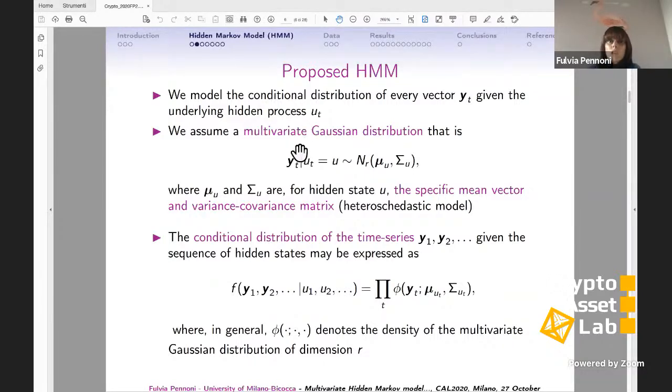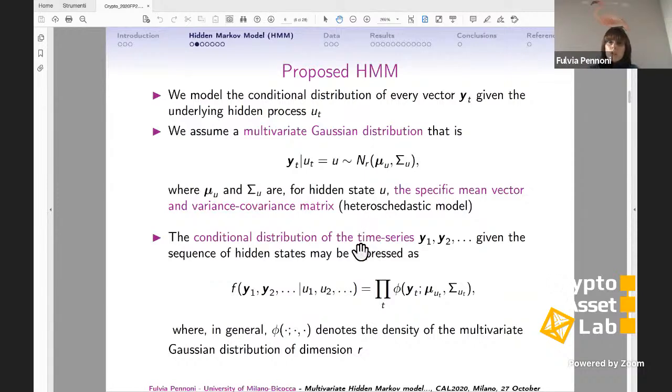So the conditional distribution of the observed log returns is assumed to be multivariate normal, with a vector of means and a variance-covariance matrix which are regime specific. In this way, we specify a heteroscedastic hidden Markov model.